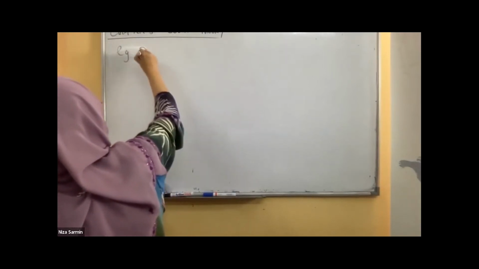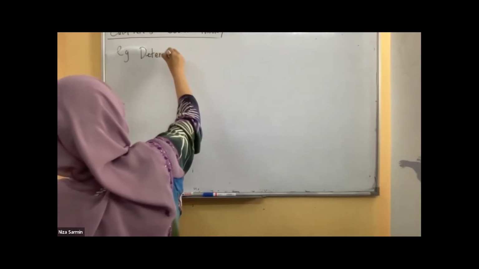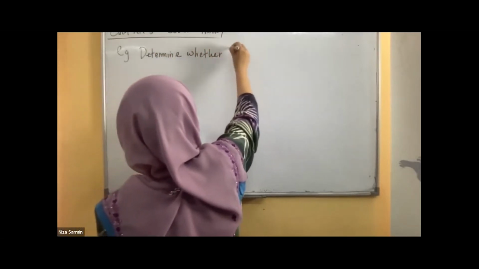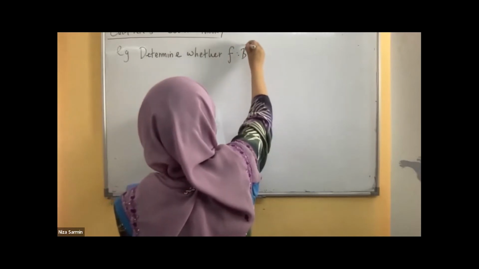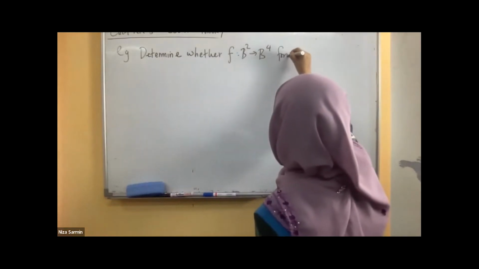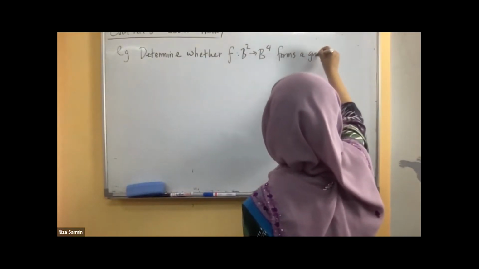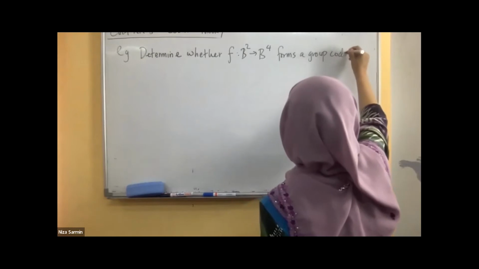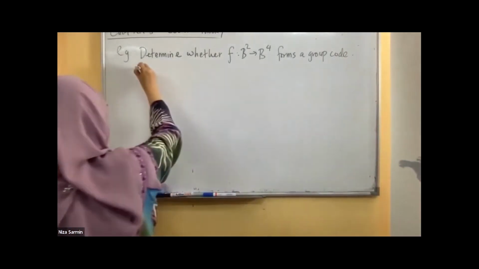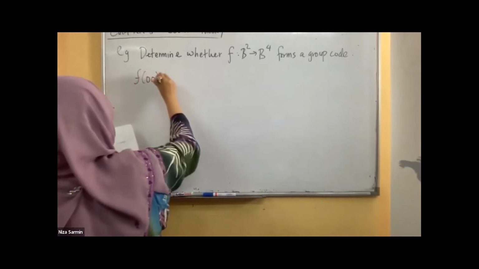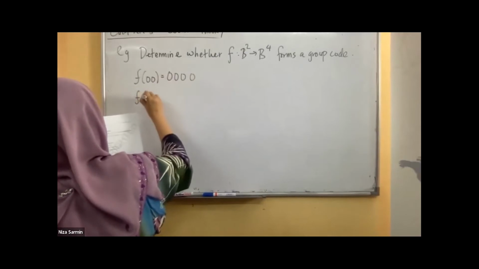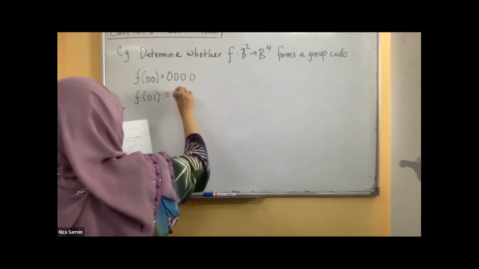All right, look at the first example. Determine whether f from B2 to B4 forms a group. I have to give you the f. f of 0, 0 is 0, 0, 0, 0. f of 0, 1 is 1, 0, 0, 1.